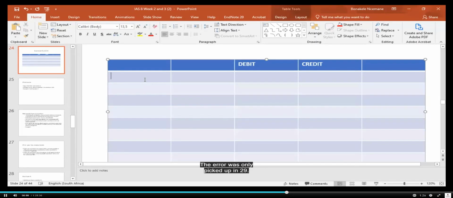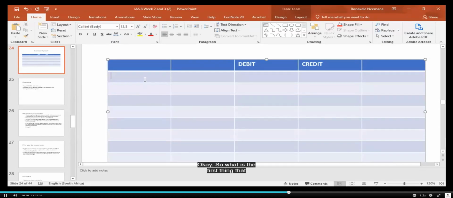The error was only picked up in 20X9 after the current period's entries had been processed. The income tax rate is 30% and has been unchanged for many periods. The tax authorities allow the annual deduction of 20% of the cost of the asset. The required is to provide the correcting journal entries for the current year ended 31 December 20X9.